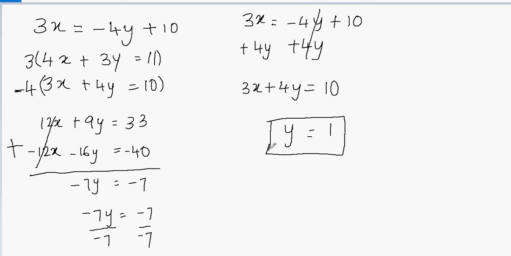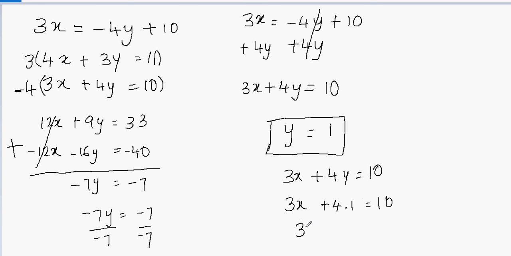Now I can just plug in the value of y in the original equation. It doesn't matter which equation you pick. Let's substitute this value in the second equation. So 3x plus 4y is equal to 10. Okay, this is our original equation. Let's plug in the value of y here. So 3x plus 4 times y, which is 4 times 1 because the value of y is 1, is equal to 10.